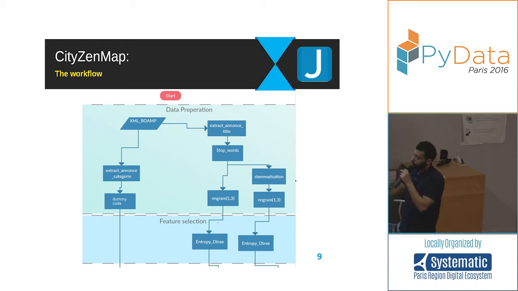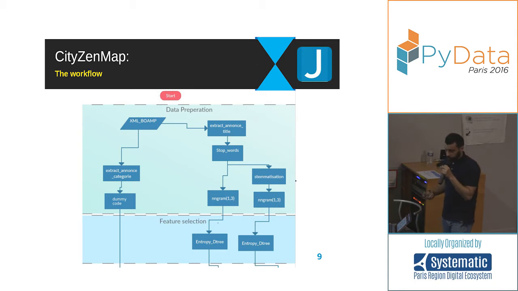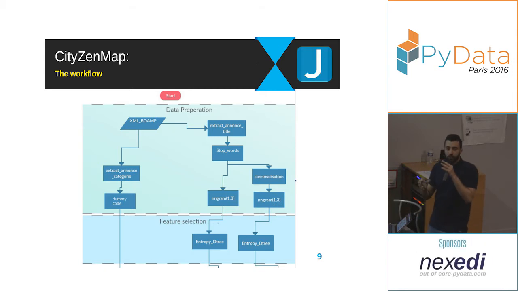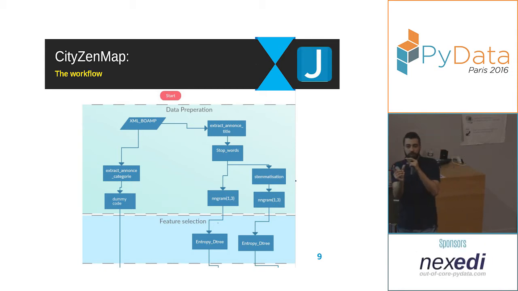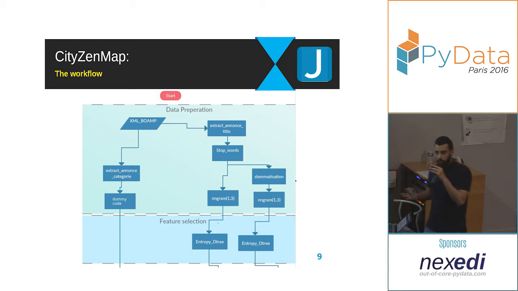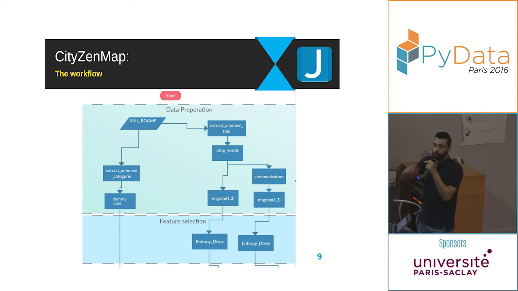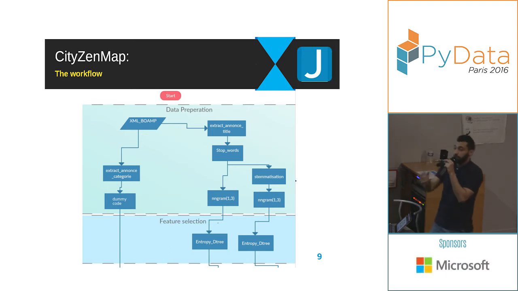After that, we use n-grams. The n-gram algorithm is the fact of taking subsequences of our sentence. For example, if we take the word "good" as a feature, and there is the word "not" before it, it means the opposite. This is why we use subsequences to get the context of the words.